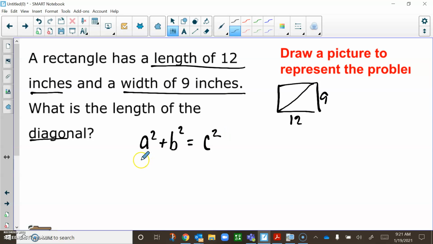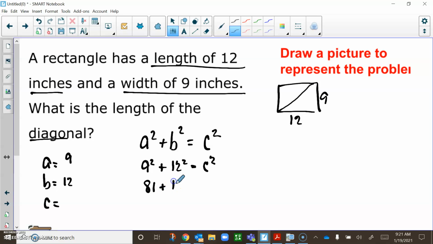So I have A, B, and C. I'm looking for C. A is 9, B is 12. So 9 squared plus 12 squared is equal to C squared. 81 plus 144, okay, is equal to C squared.